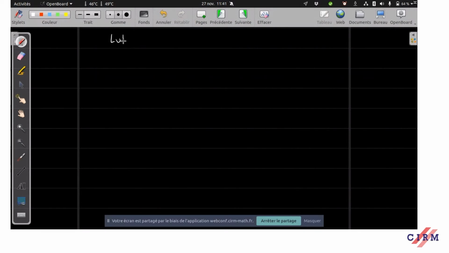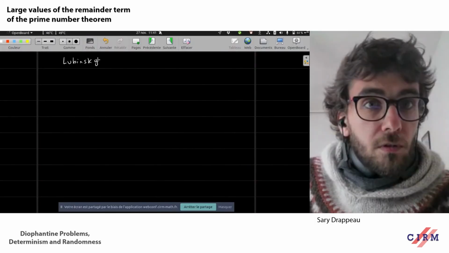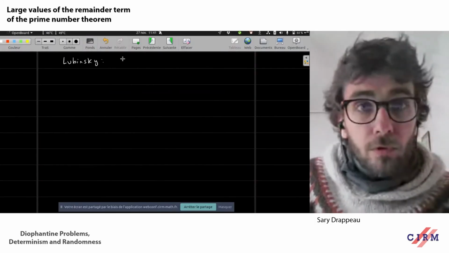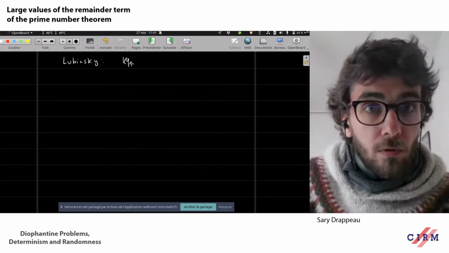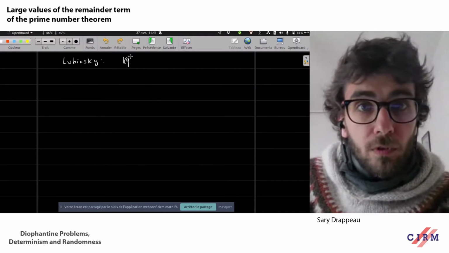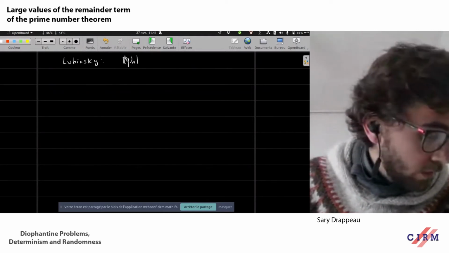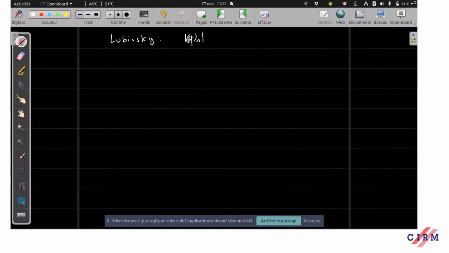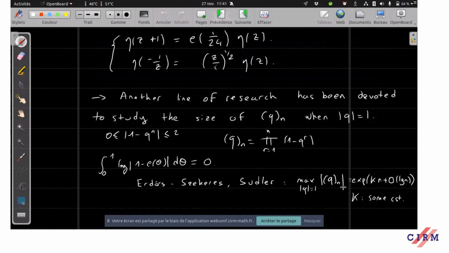To mention some further names, Lubinsky has studied this problem, and for instance, one of the theorems that he proved is that for typical q, for Lebesgue almost all q on the unit circle, the size is actually much less than this. It's not exponential in n.